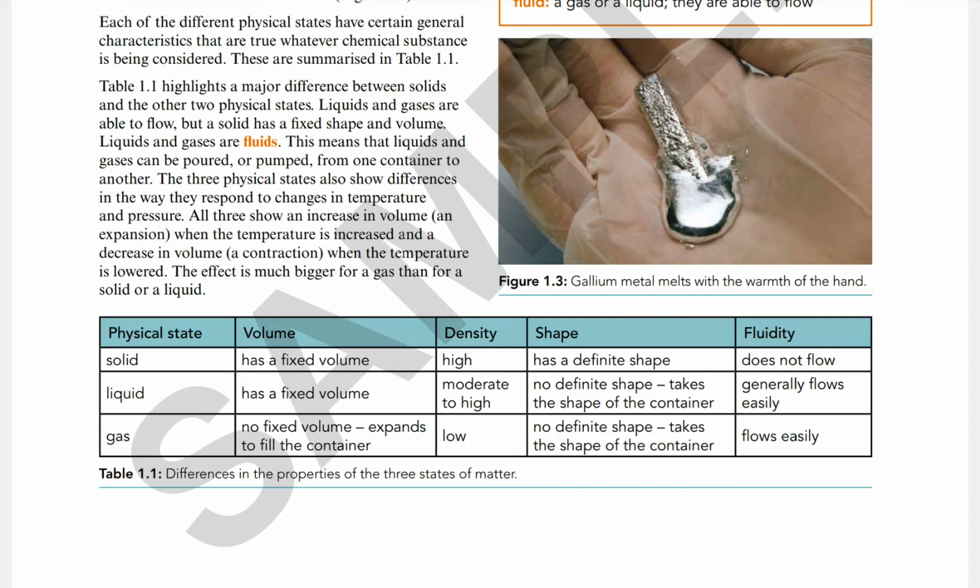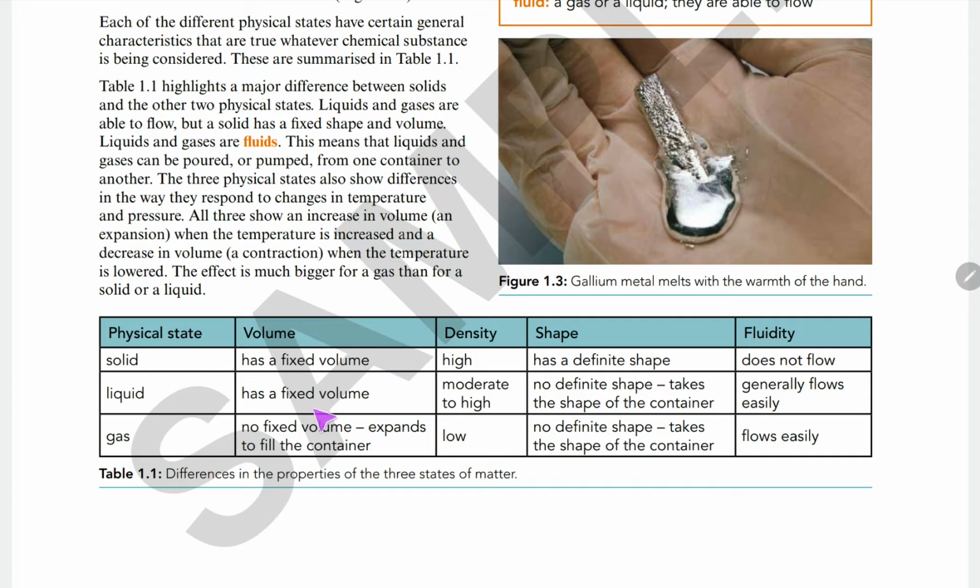When the same mass is confined to a smaller volume, density increases, and it has a definite shape and does not flow, because it has an orderly arrangement and the particles are closely packed and touching each other, so the particles cannot flow.